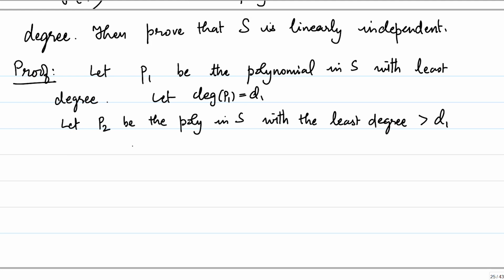So there will be only one such polynomial, and let degree of P2 be equal to D2. So notice that D1 is less than D2 and so on.